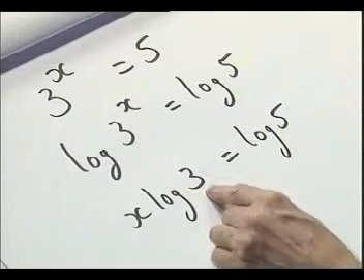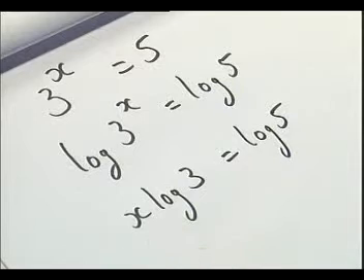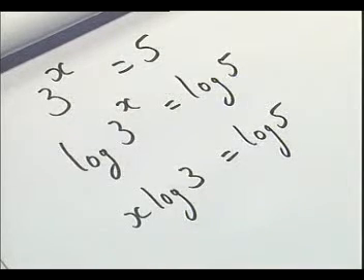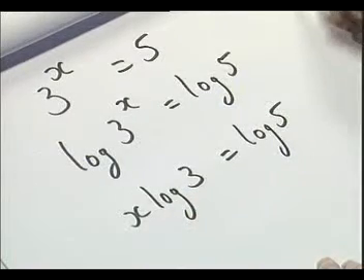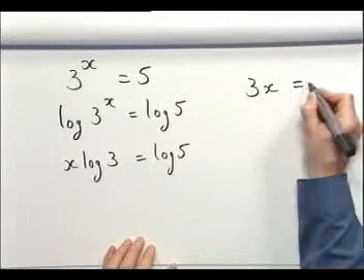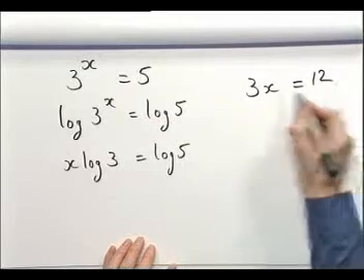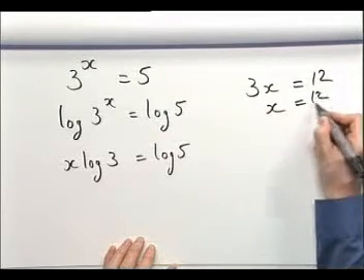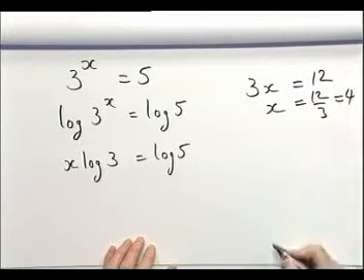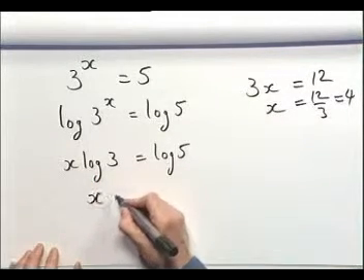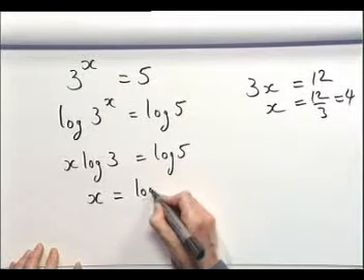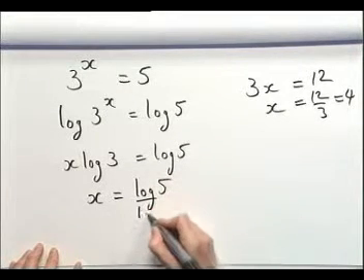Well, now, log of 3 and log of 5 are just numbers, nothing more. So in the same way that I might solve an equation such as 3x equals 12 by dividing both sides by 3, then I'm going to do exactly the same with this, and I'm going to divide both sides by the log of 3.